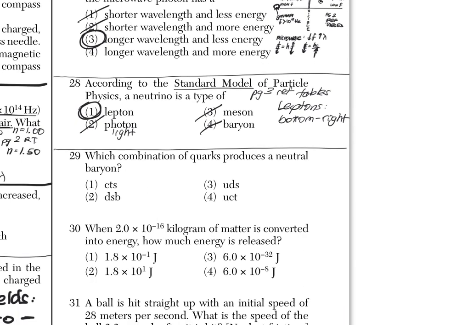Speaking of baryons, I want to produce a neutral baryon. I'm still on page 3 of the ref tabs, but I'm looking at the quark chart, which is about middle right on the page.